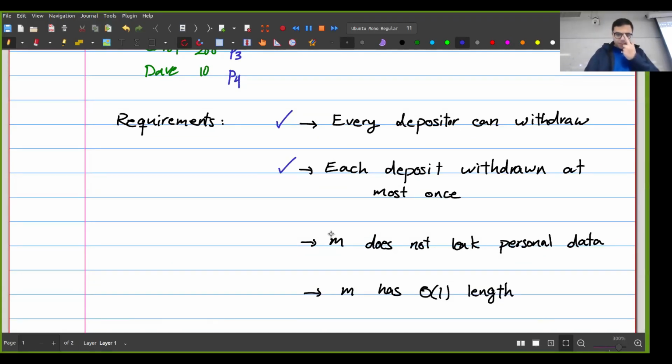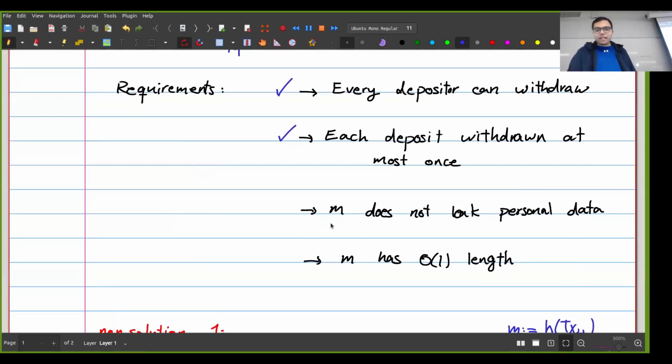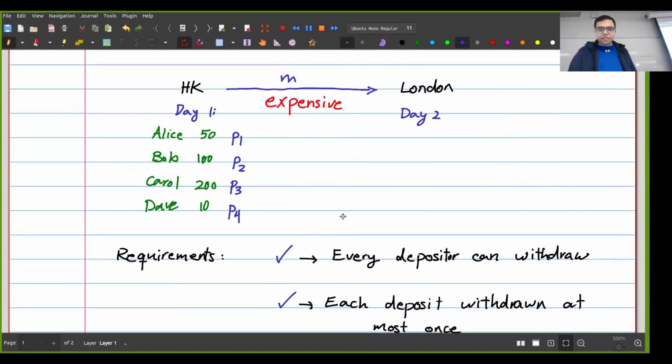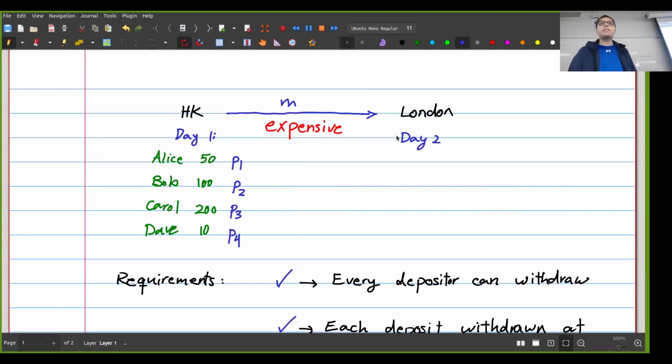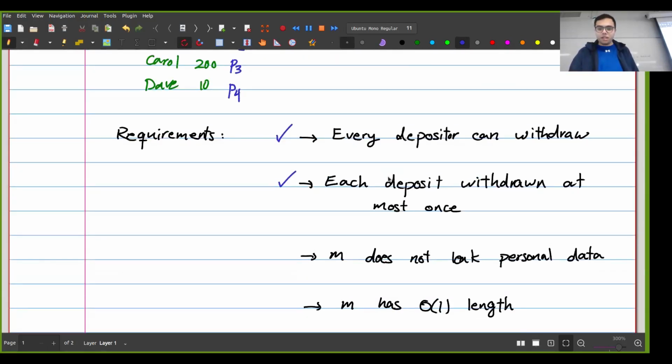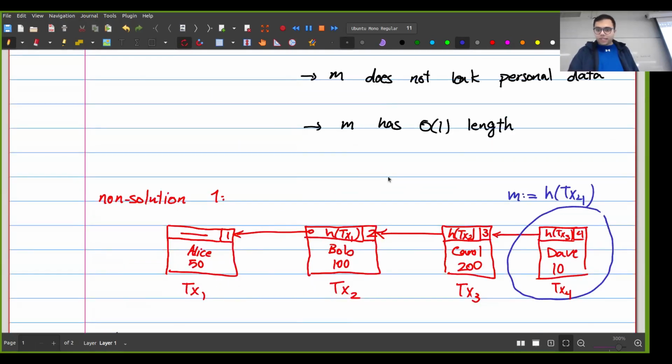Now, here's the interesting part. We already had the requirement that M, the message that is sent from Hong Kong to London, does not leak any of the personal information of the people. And actually, we satisfied that because M is just the hash of this transaction, right? And hopefully the hash of the transaction doesn't really leak any information.